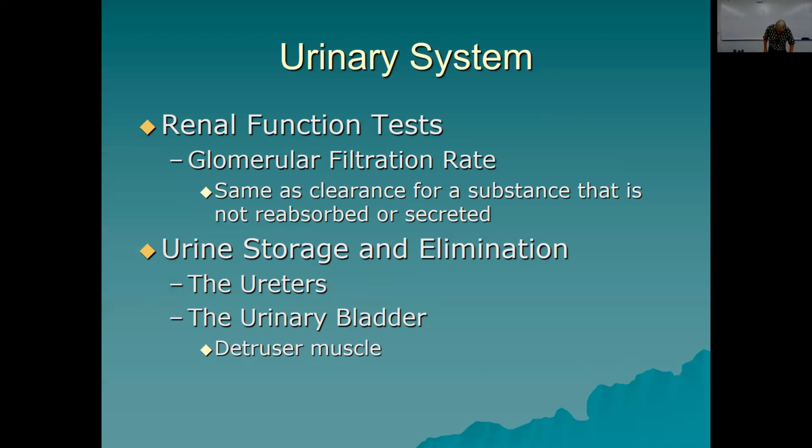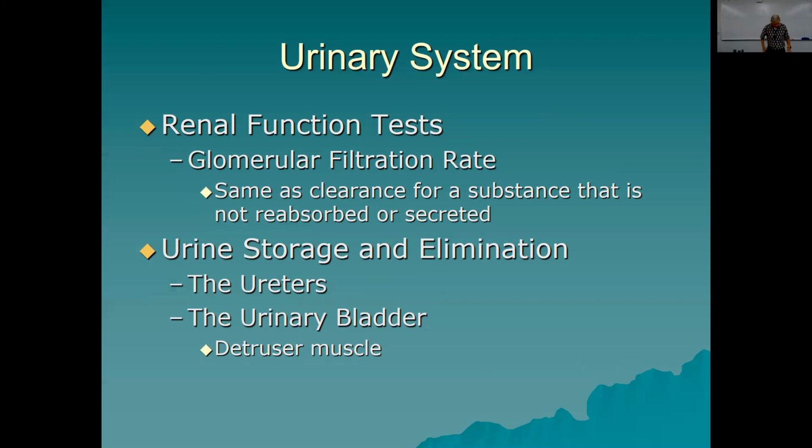For example, at the bottom of page 987, the real plasma clearance of urea is 70 milliliters per minute. So if it's filtered at a rate of 125 milliliters per minute, then only 70 milliliters per minute is cleared. The rest is reabsorbed.